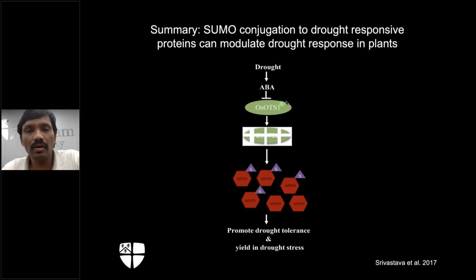So we propose the model that in drought, the SUMO protease gets degraded, and this target BGP23, which is a positive regulator of drought response, gets SUMO conjugated, and this SUMO conjugation leads to its accumulation and promotes drought tolerance.